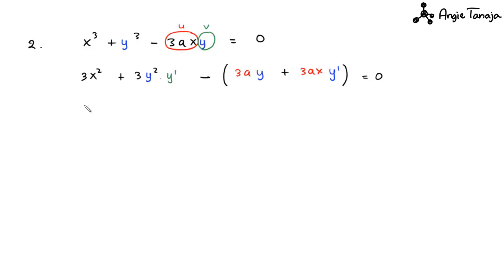So by the end of this, we have 3x squared, and then this will be just negative 3ay, and you also have 3y squared times with the y prime minus 3ax y prime, or I just use the same color for y prime, this y prime.